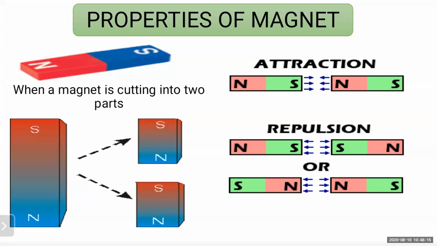There is an attraction between unlike poles. Now look at that figure, south and north pole is there. There is an attraction between the south and north pole, that is the unlike poles. Okay, and next is repulsion. There is a repulsion between the like poles, that is two south poles or two north poles.